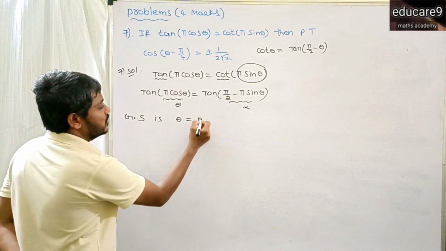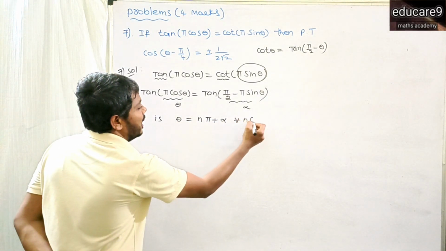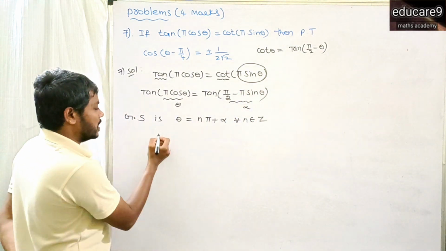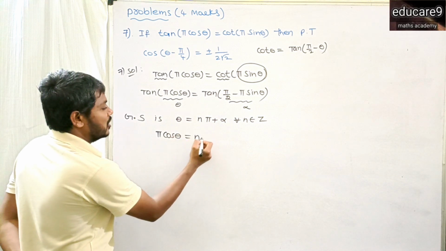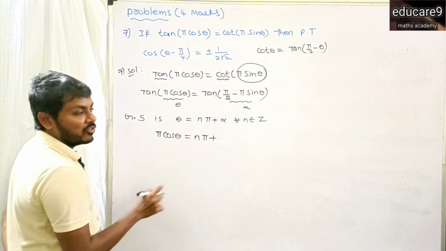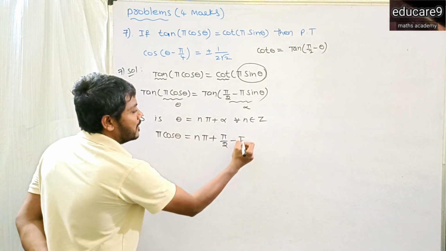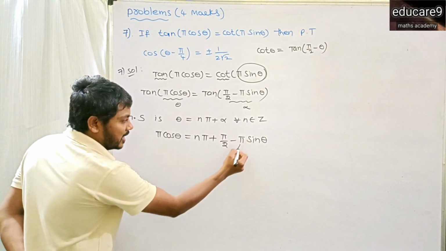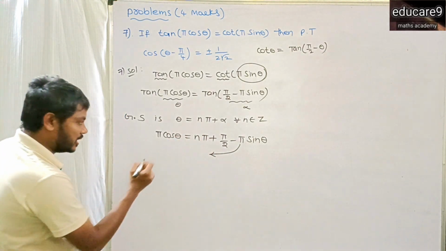theta equals n pi plus alpha for all n belongs to Z, where theta is equal to what? Pi cos theta, which is equal to n pi plus alpha. What is the alpha value? Pi by 2 minus pi sin theta. So you can send minus pi sin theta to the left hand side. It becomes plus pi sin theta.